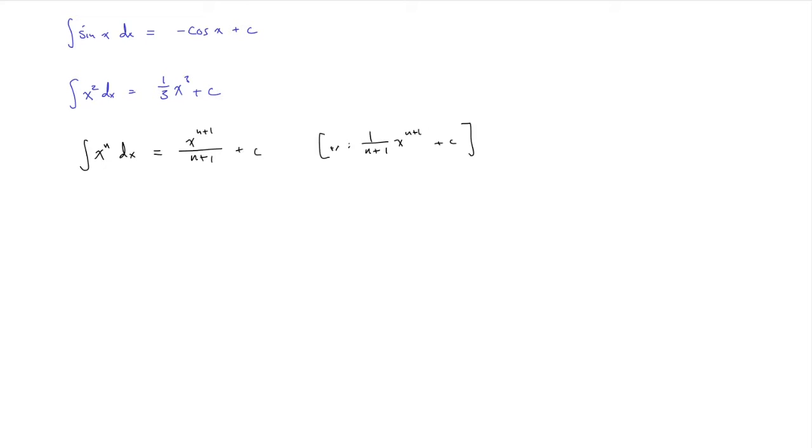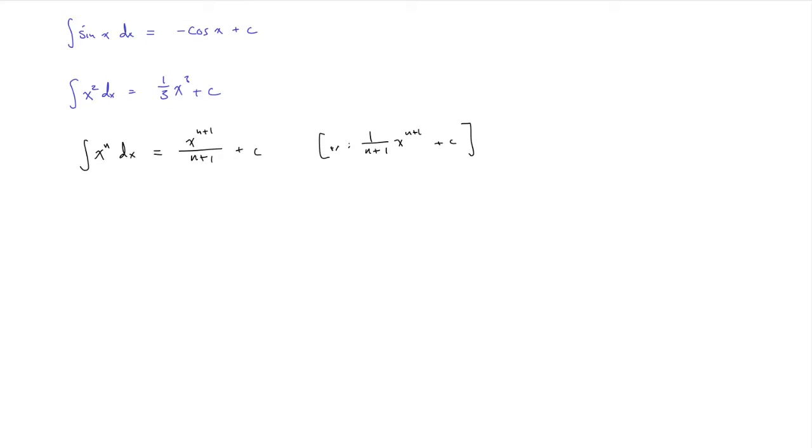And I claim that the integral of x to the n with respect to x is x to the n plus 1 divided by n plus 1 plus a constant, or if you prefer, 1 over n plus 1 times x to the n plus 1 plus a constant. Very easy to check. Take the derivative, you bring down the exponent, and n plus 1 over n plus 1 is 1, and you get x to the n plus 1 minus 1, which is just n, and so you get x to the n, and so this works.